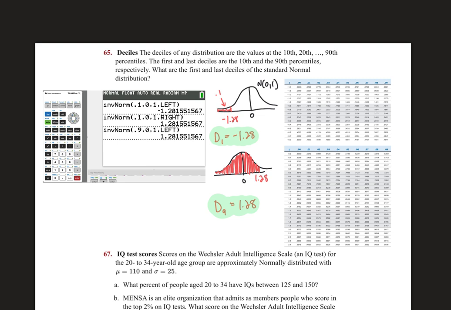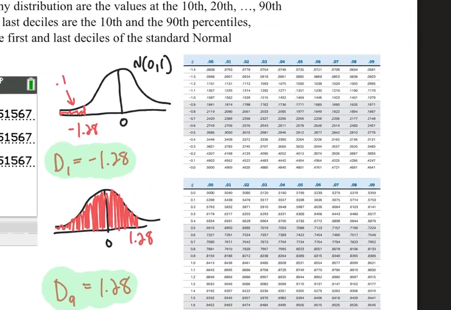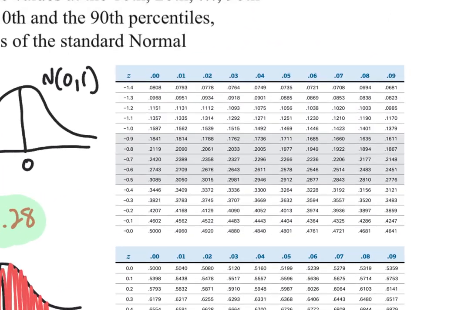Okay, so let's do the table A way of doing it. If we're looking for the first decile, that's 10% less, so we'll look for 0.1, scan around on the inside until you see the closest number to 0.1. That looks like it's this value here.